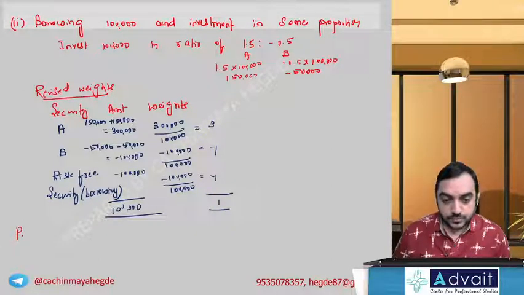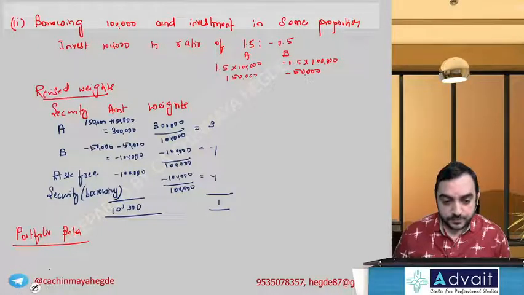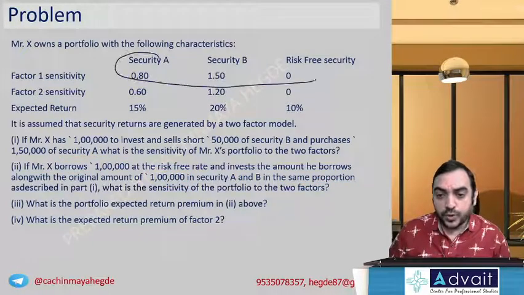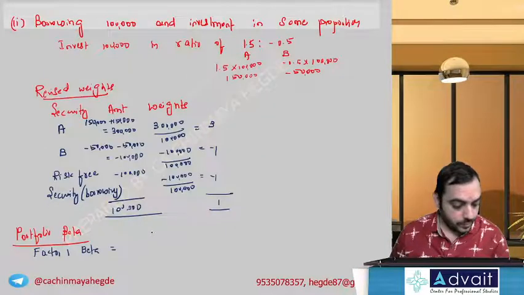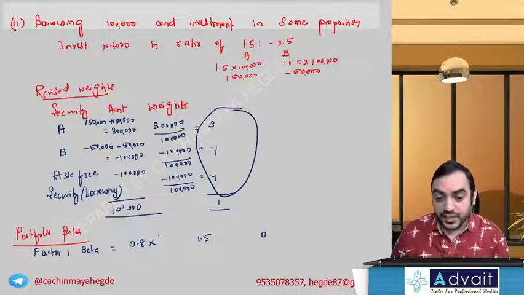Then portfolio beta for factor 1. We look at the factor 1 values, which are 0.8, 1.5, 0, multiplied by their weights, which we calculated in this column: 3, minus 1, minus 1.